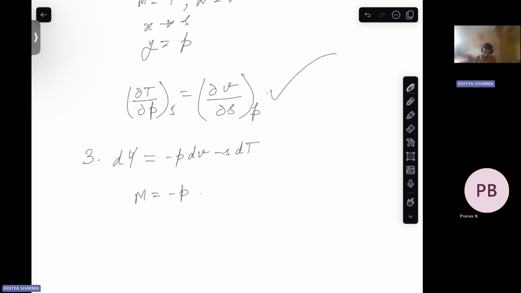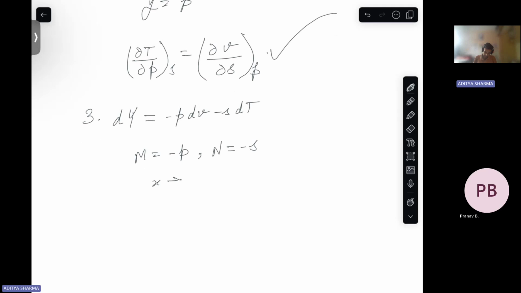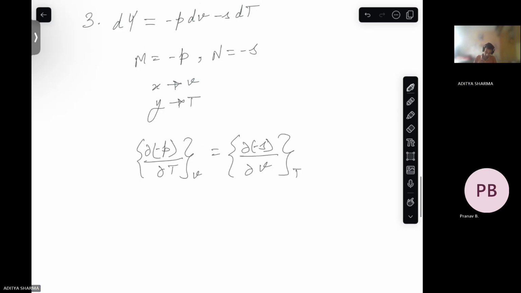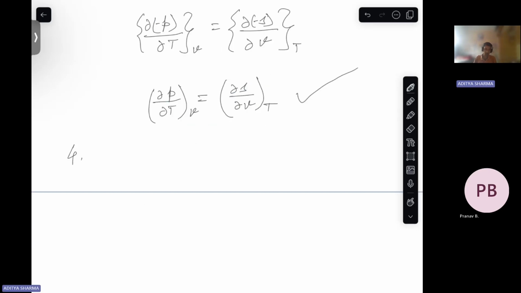Here M is minus P, N is minus S, then x is v, y is T. So it becomes dou of minus P by dou T at constant v equals dou of minus s by dou v at constant T, which becomes dou P by dou T at constant v equals dou s by dou v at constant T. So this is our third Maxwell relation. Then the last Maxwell relation is based on the Gibbs function.